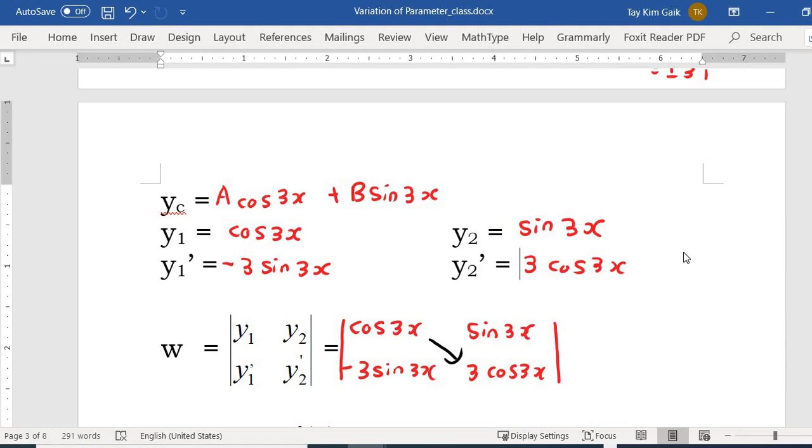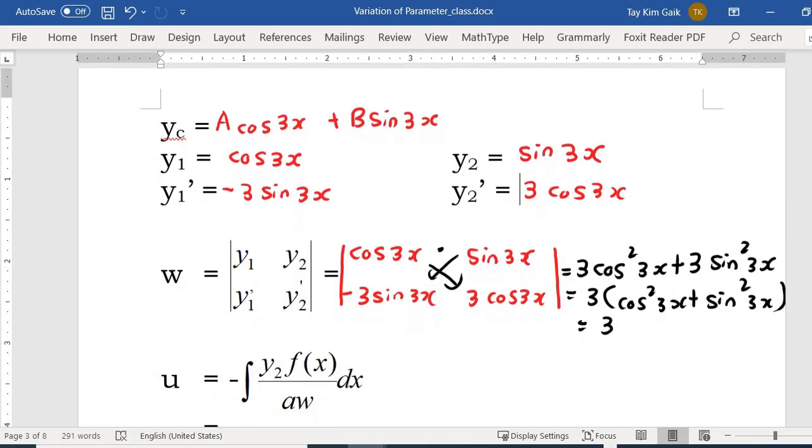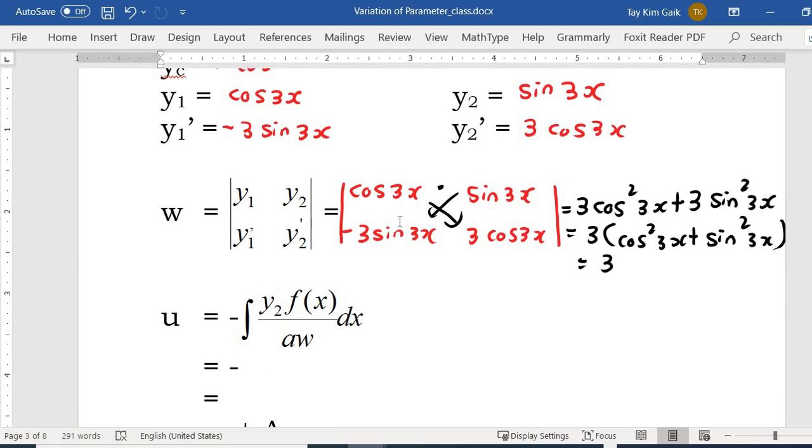You have cos 3x multiplied by 3 cos 3x, so it's 3 cos squared 3x. Minus, minus and negative becomes positive 3 sin 3x times sin 3x, so sin squared 3x. You factor out 3, you have cos squared 3x plus sin squared 3x, which is equal to 1. So the Wronskian is 3. So this is the second step, find the Wronskian.